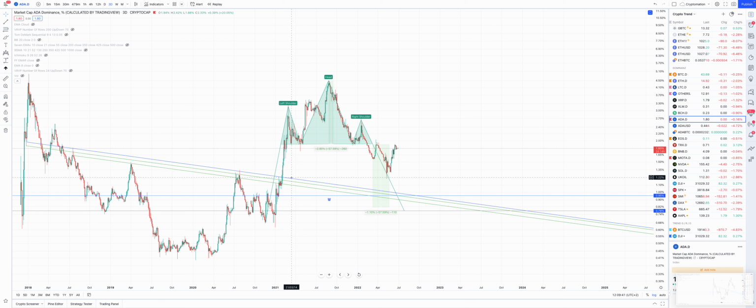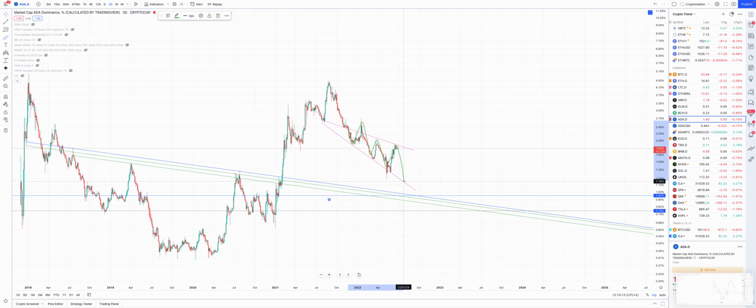What we also take from this is, let me delete those two, and it's not always picture perfect, but often if you have a formation like that, a triangle which is broadening, and you are not able to break out of it, so you go back into the triangle and just stay in it, there's a high chance that we drop from here.